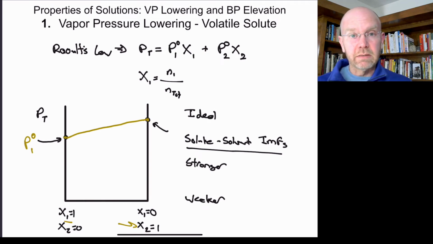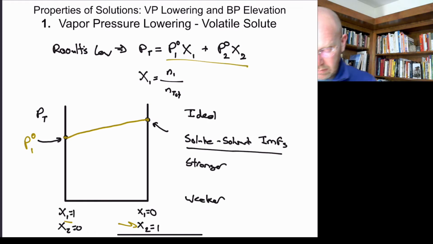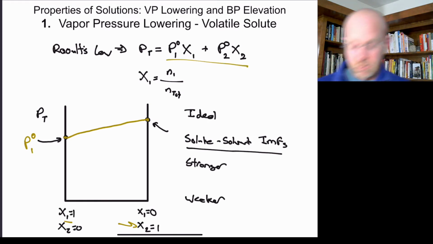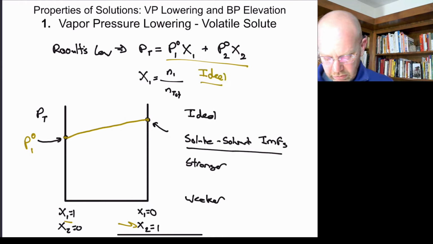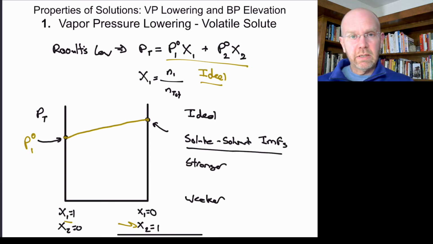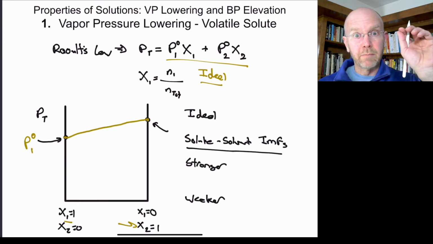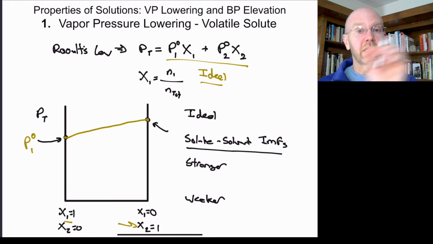Sometimes, in some cases, it is a straight line, meaning this equation holds perfectly. That only happens when we have what is known as an ideal solution. So an ideal solution is one where the intermolecular forces between solute 1 and itself are the same as the intermolecular forces between the solvent and the solute.